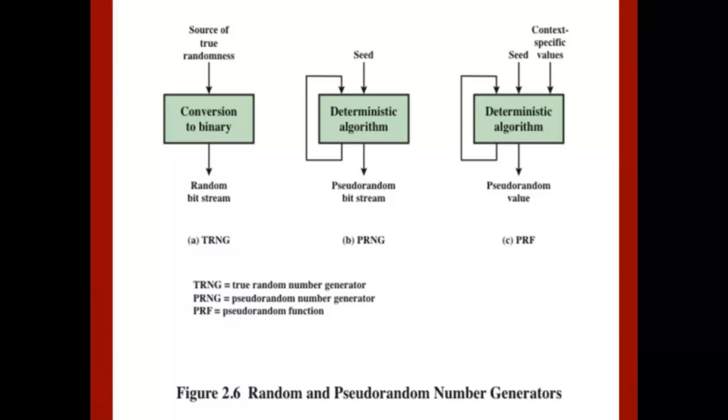Typically, as shown in the figure, there is some feedback path by which some of the results of the algorithm are fed back as input as additional output bits are produced. The most important thing to note is that the output bit sequence is determined solely by the input value or values, so that an adversary who knows the algorithm and the seed can reproduce the entire bit stream.